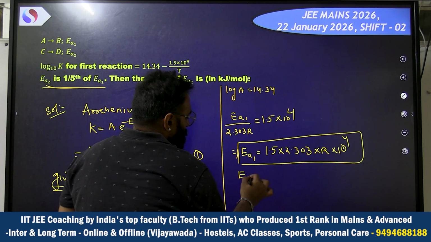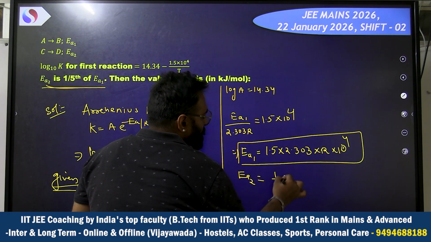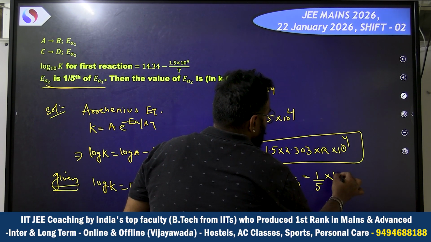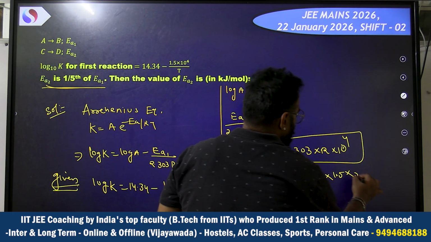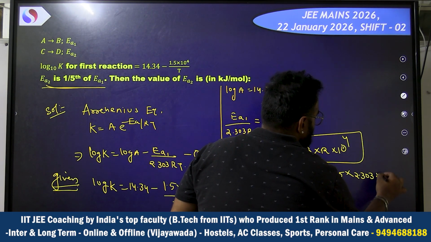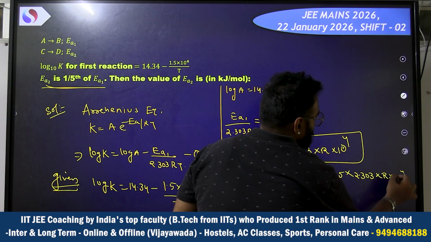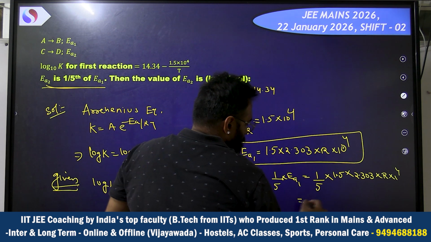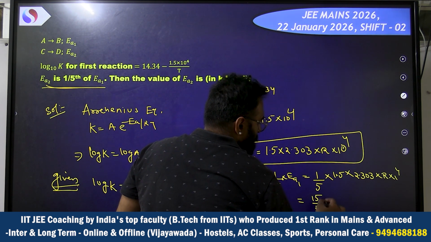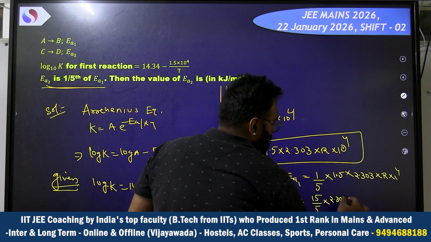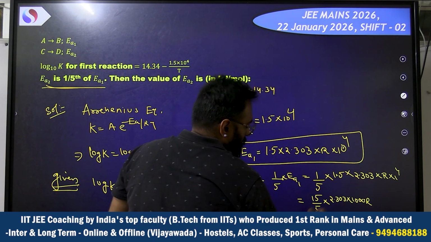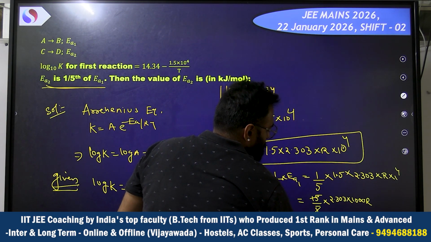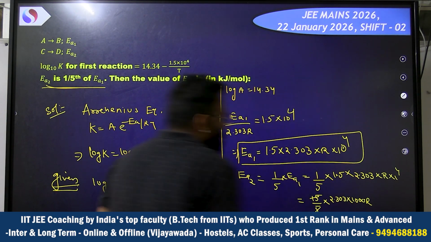So EA2 will be 1/5 of EA1, that means 1/5 into 1.5 into 2.303 into R into 10 to the power 4. So I can write this as 15/5 into 2.303 into 1000 R, so this is 3000 into 2.303 R.